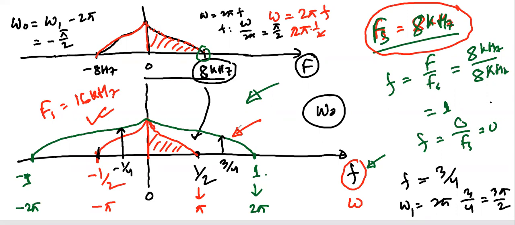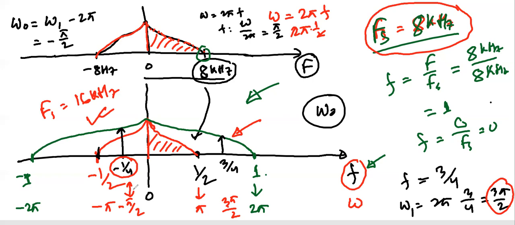What I was asking is, for the signal at the location of 3/4, or in the omega scale 3π/2, what would be the allied signal or the similar signal in the frequency domain? You have already found that it should be situated at the location of -1/4, or you can say -π/2. Both are the same. They are in two scales.